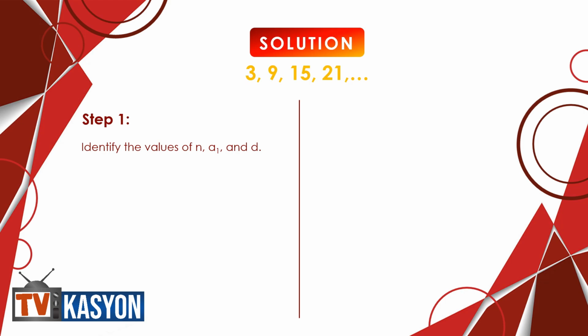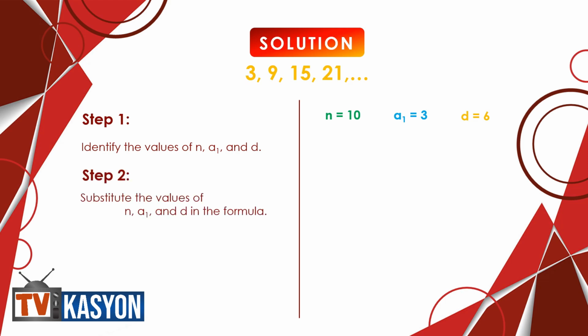Since we are to get the sum of the first 10 terms in the sequence, n is equal to 10. For a sub 1, we have 3, the first term of the sequence, while d is 6. Step 2. Substitute the values of n, a sub 1, and d to the formula, then solve.